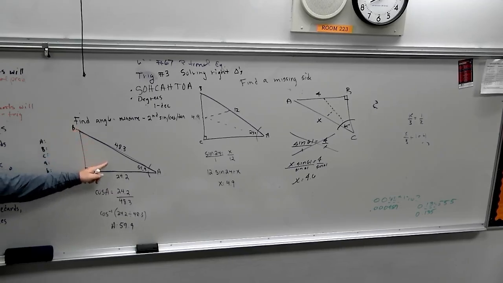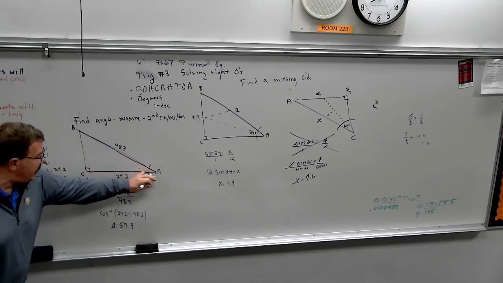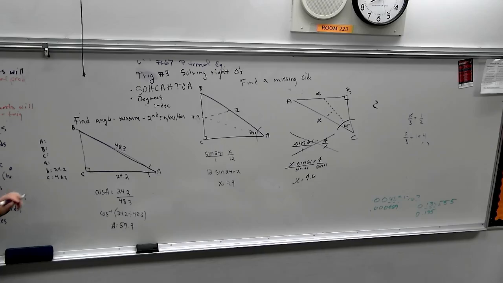Remember, little b is opposite from big B. So this is 24.2. What's this measurement represent? Little c. And what's the other measurement you know? Big C. You know big C is 90. When you're taking a quiz or test, you get a point for just listing your givens. You're always given 3, right?